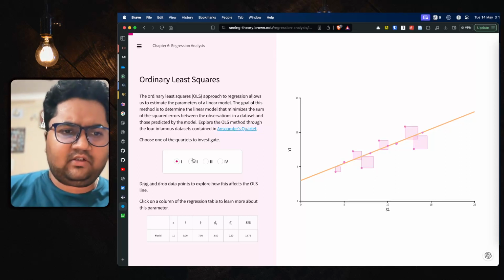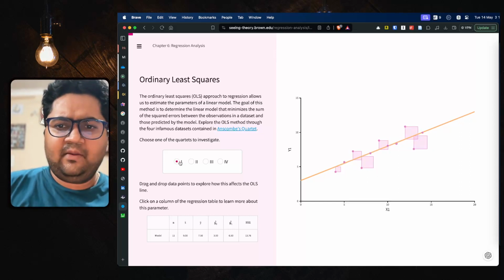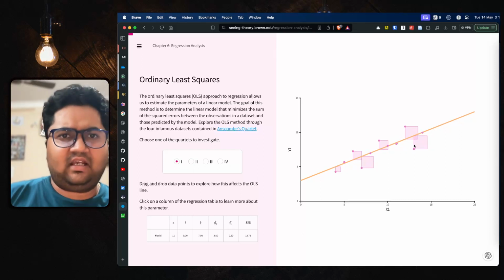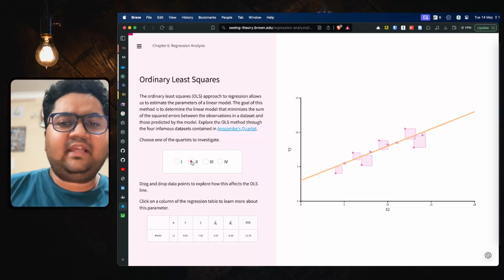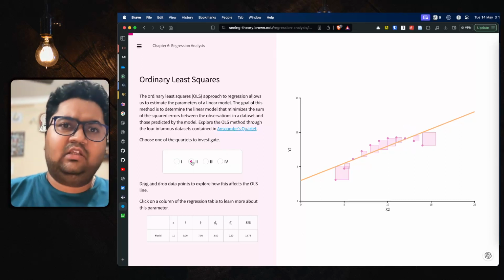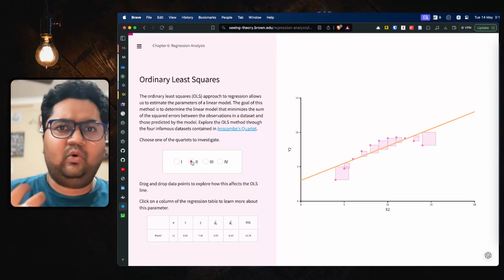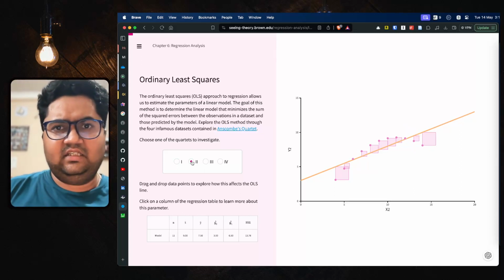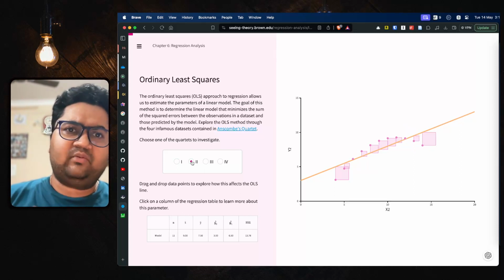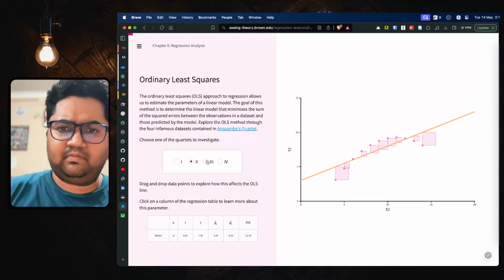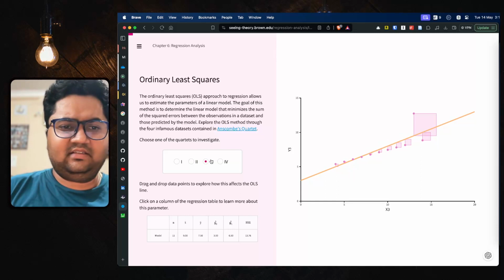What you would notice across these four different examples is that all of these data points are different, but the line of best fit is the same. What this says is that OLS as a technique is not that strong, and it only captures the linear relationship. This is a good example.